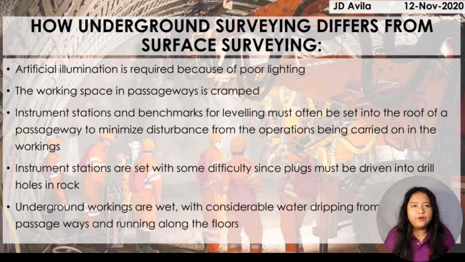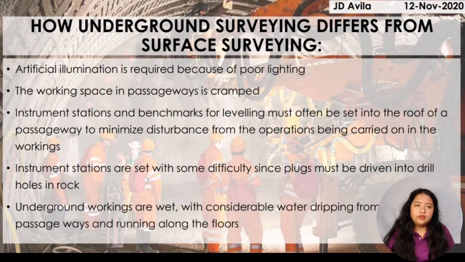First, in doing underground surveying, you need artificial lighting in order to see the equipment beneath the ground because underground, we have poor lighting. Second, the working space in doing underground surveying is very cramped or very narrow.